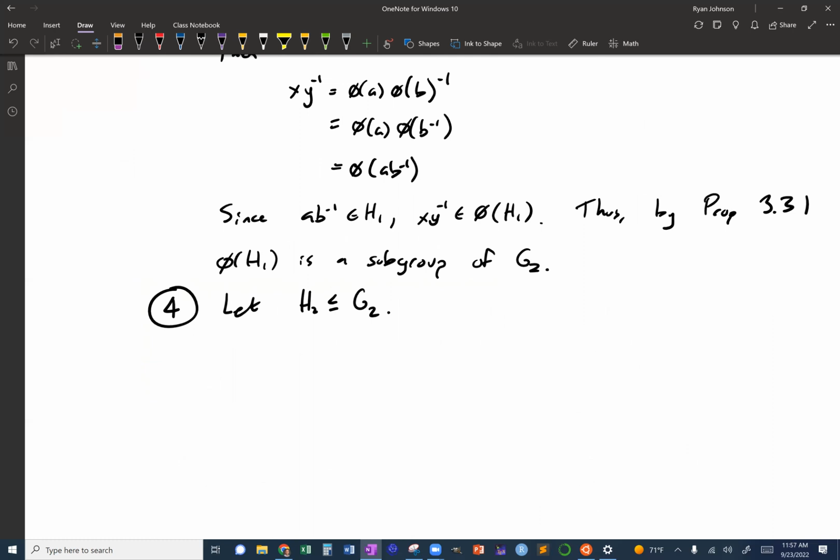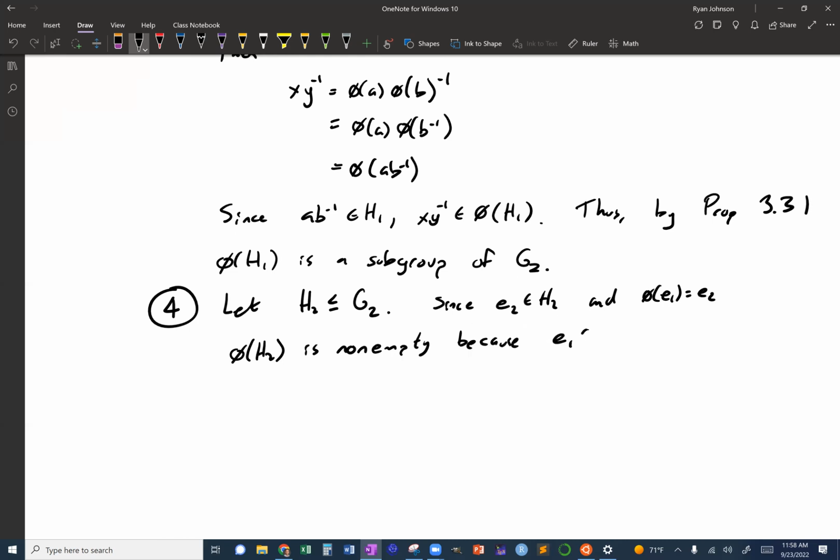Since E2 is an element of H2, remembering E2 is the identity of the second group, and phi of E1 equals E2, we know that phi inverse of H2 is not empty, because E1 is an element of phi inverse of H2.